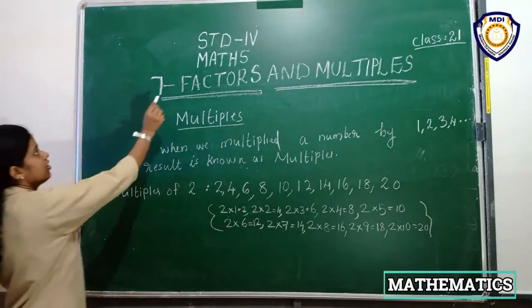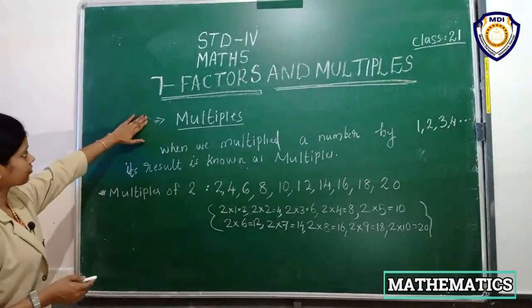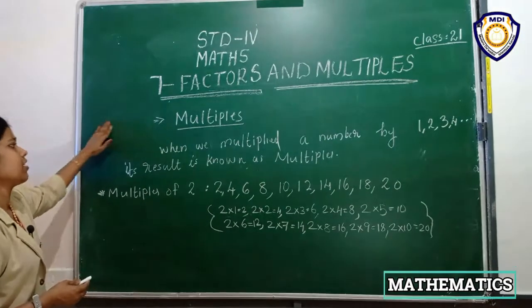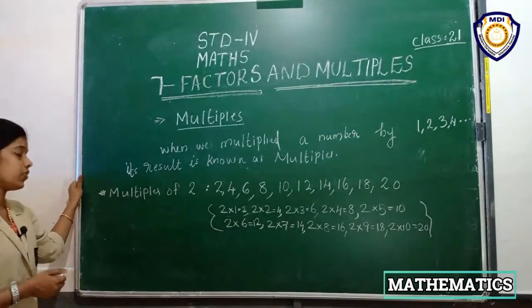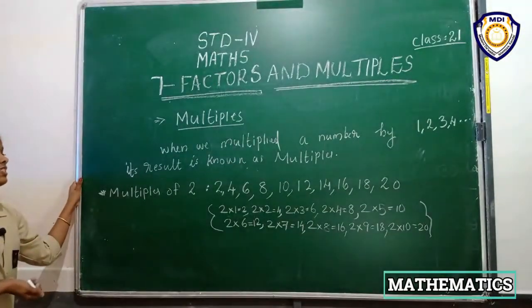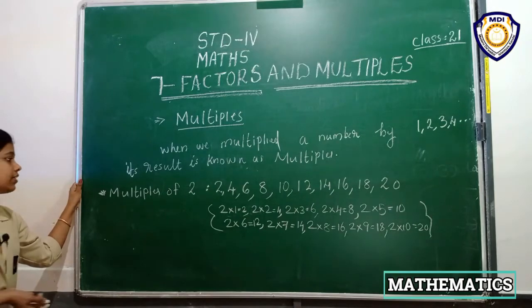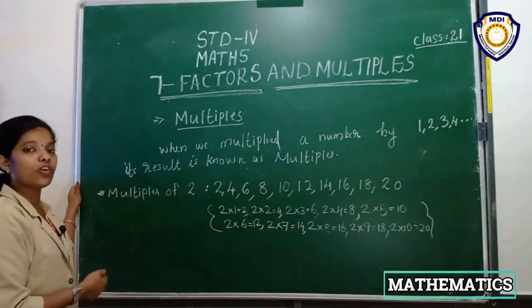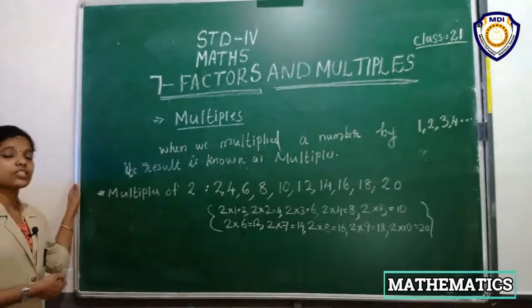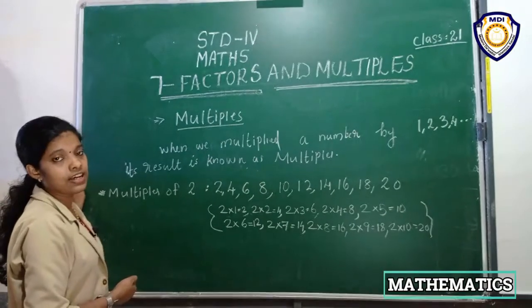Firstly, write factors and multiples, and our new topic is multiples. When we multiply a number by 1, 2, 3, 4, etc., its result is known as multiples. Then multiples of 2: the first multiples of 2 are 2, 4, 6, 8, 10, 12, 14, 16, 18 and 20.